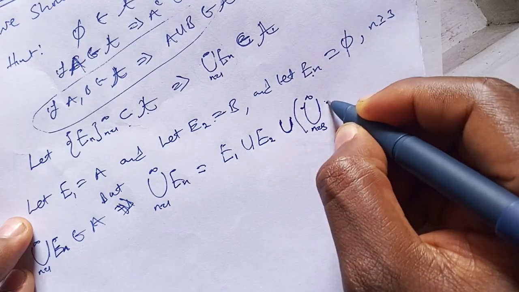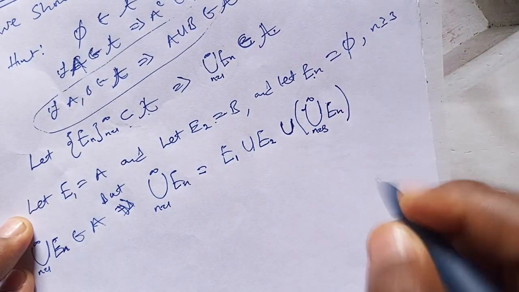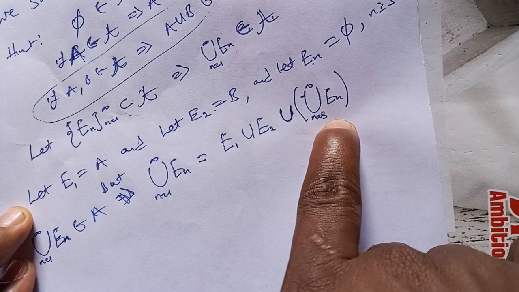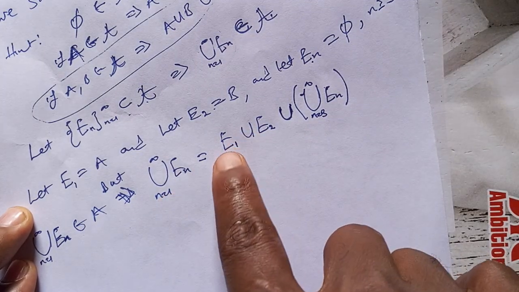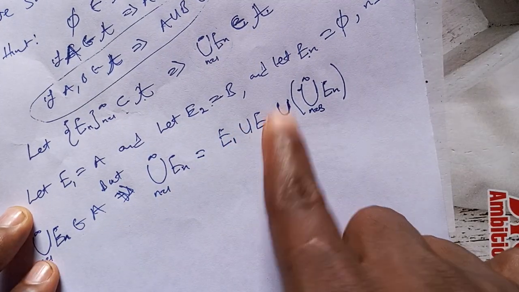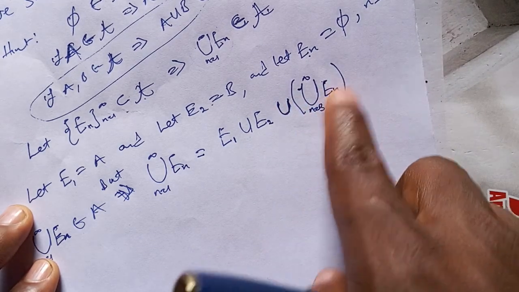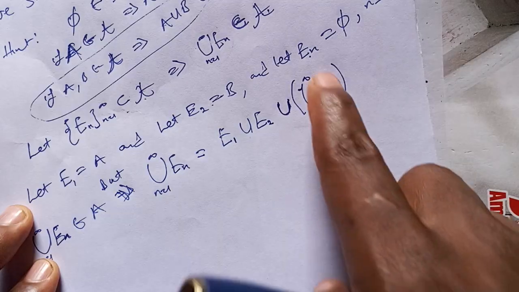This gives us E1 union E2 union the union of En, where n is running from 3 to infinity.